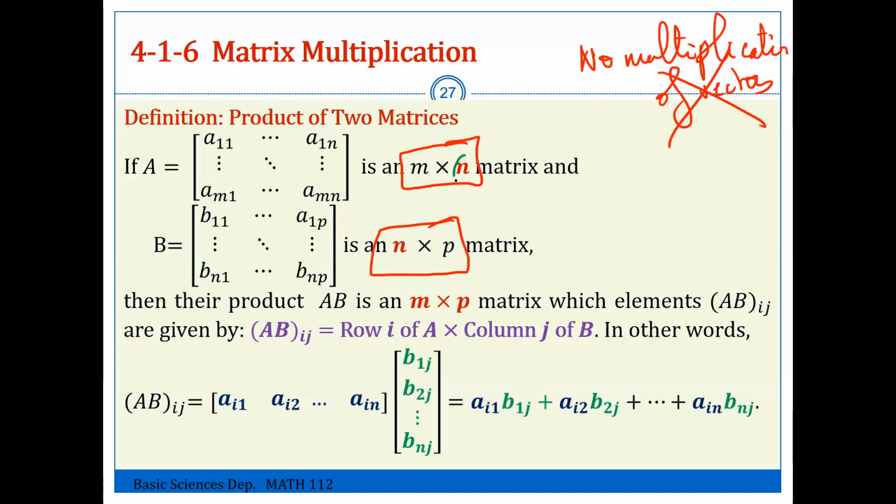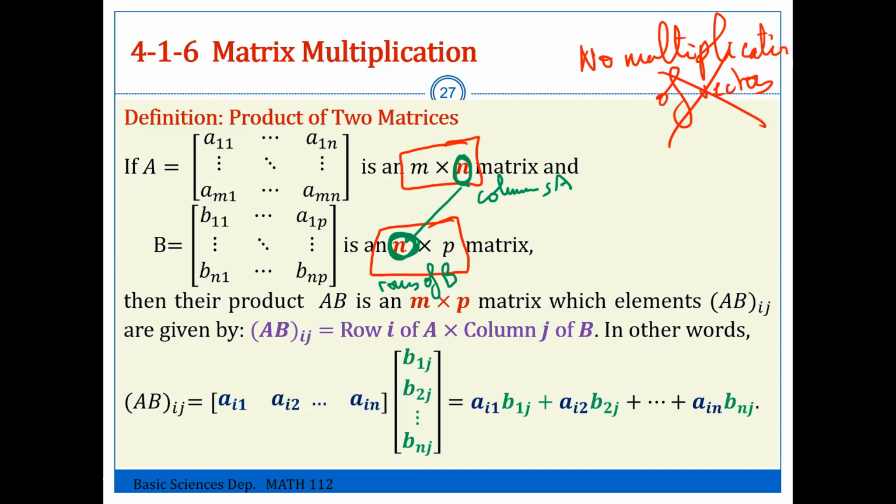The number of columns of A must match the number of rows of B. This is the condition to multiply matrices, the only condition, necessary and sufficient. It's necessary to have the number of columns of A equal the number of rows of B to multiply, and it's sufficient to have it.